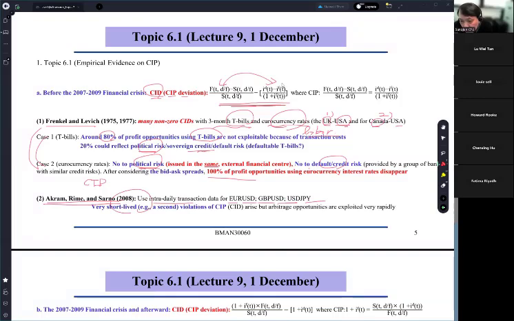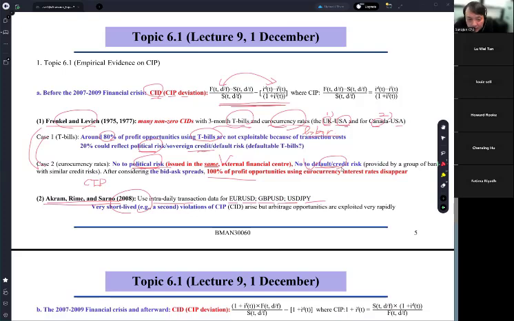Yeah, so basically this paper, Frankel and Levich, used LIBOR in their example. Now, currently, as you said, LIBOR is not available, but we have some alternatives for LIBOR nowadays. And then you have to think about whether borrowing and lending using that alternative could induce political risk or default or credit risk. If there's no political risk or default credit risk, then you don't have to worry about this issue.